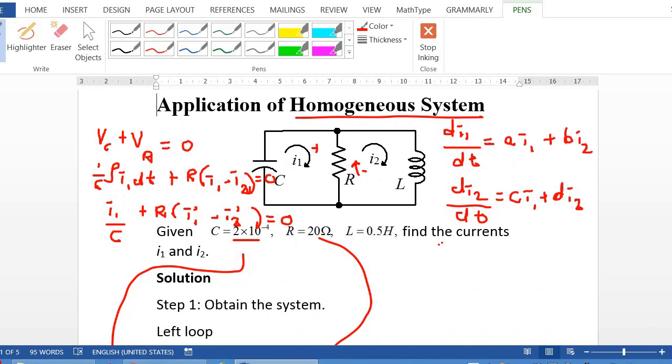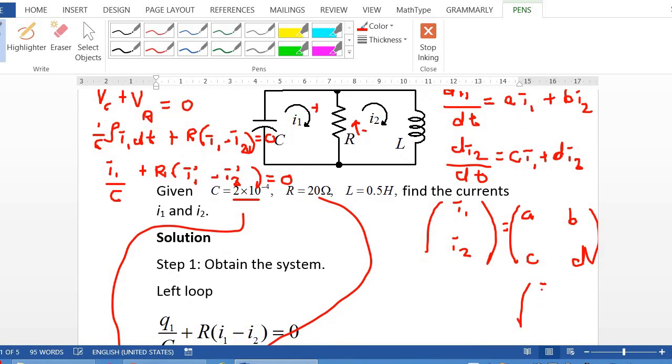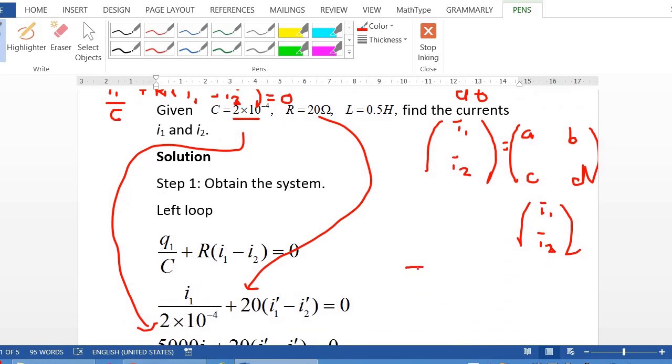Then you can change it to matrix form, where the vector (I1', I2') equals the matrix A, B, C, D times the vector (I1, I2). In matrix form, I prime equals A I, where I prime is a vector of I1 prime, I2 prime, or di1/dt, di2/dt, the matrix is A, B, C, D, and the vector I consists of I1, I2 that we are going to solve. Hence, this is the homogeneous system.